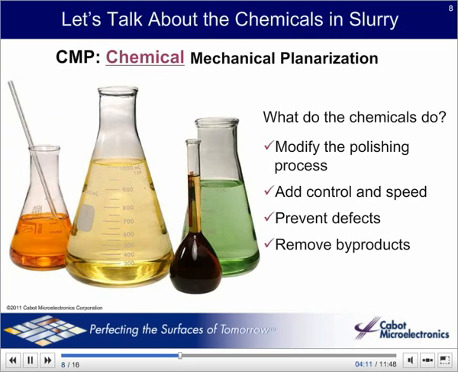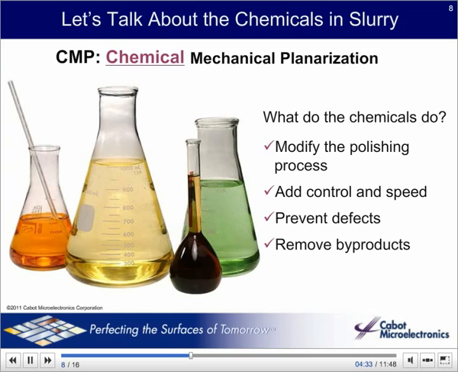Now let's talk about the chemicals in the slurry. The role of the chemistry in CMP is really complicated, as we alluded to before. If the surface of the wafer is very hard, chemicals can serve to soften it to make it polish faster. If the wafer is too soft, we can employ certain chemicals to form a protective skin to make it seem harder.